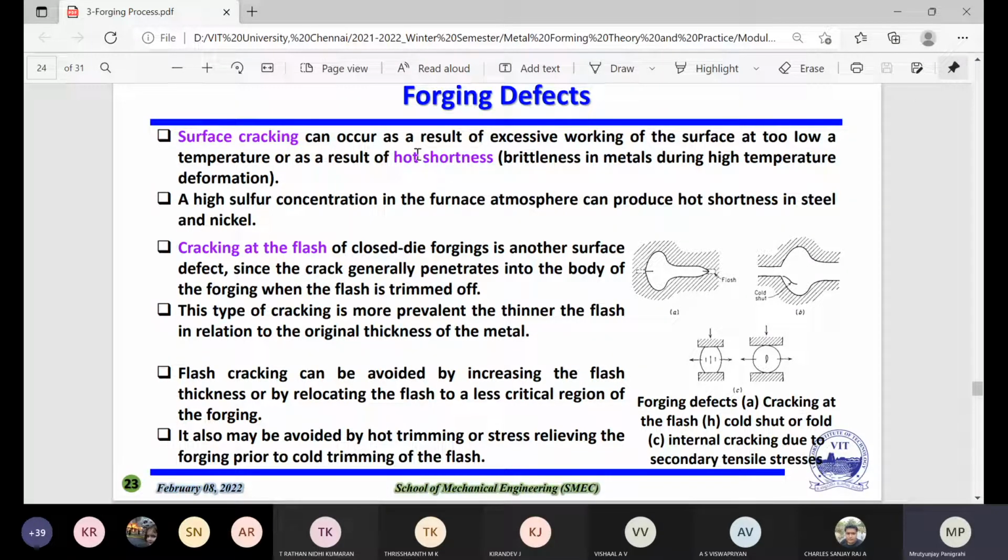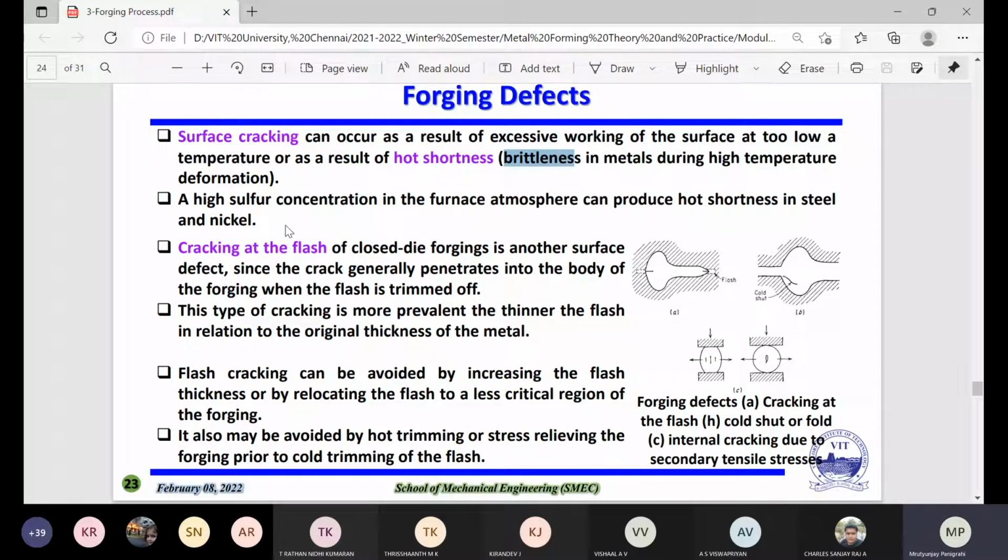Because whenever you do mechanical work, the material is not uniform everywhere. Somewhere it is ductile, somewhere it is brittle. The moment you change or increase the temperature, you find brittleness in the metal, and then hot shortness appears. A high sulfur concentration in the furnace atmosphere can produce hot shortness in steel and nickel. You cannot say that for all metals.